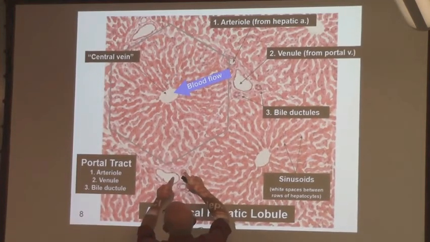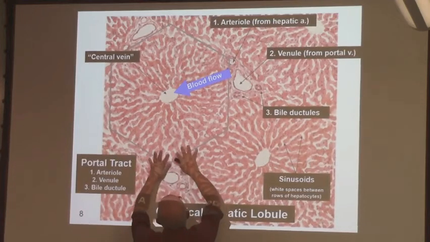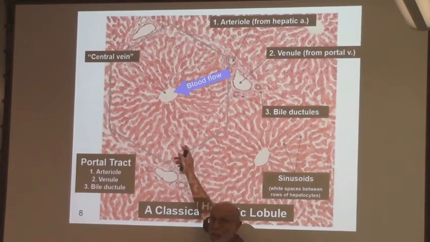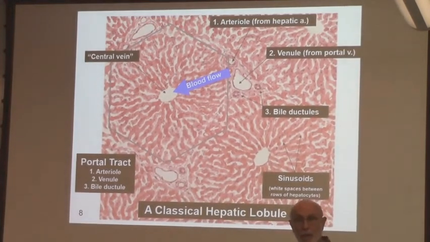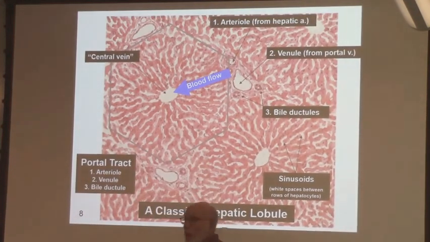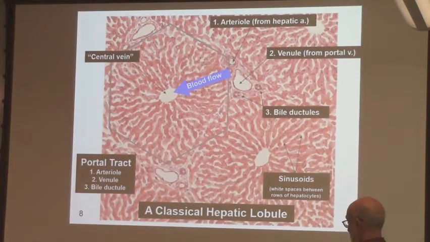Blood flow from the portal vein and the hepatic artery are percolating around the hepatocytes. These white spaces are the sinusoids that blood is moving through, bathing all of these cells on its way to the central vein.